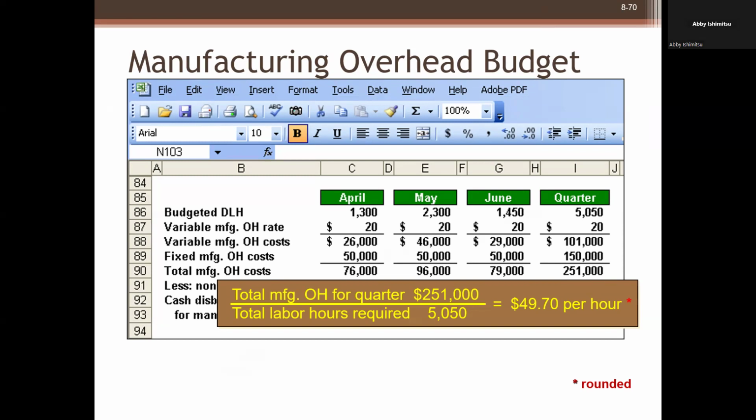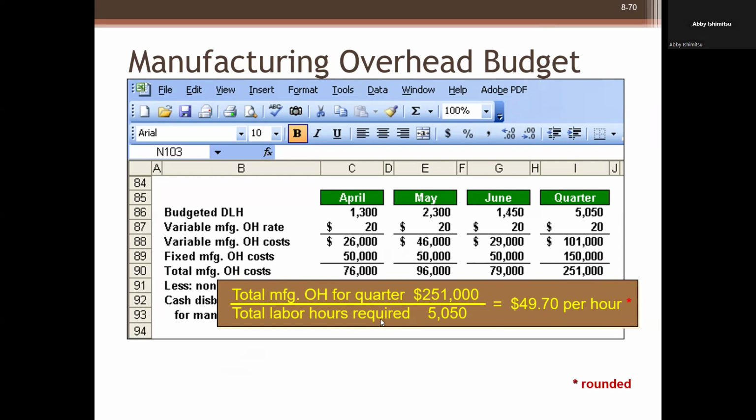Our estimated labor hours required are 5,050. I got that off of the labor budget, and this is giving us our predetermined overhead rate, $49.70. Super high, right? It's when you consider this is per hour. So for every direct labor hour, it's $49.70 that we're going to apply manufacturing overhead.